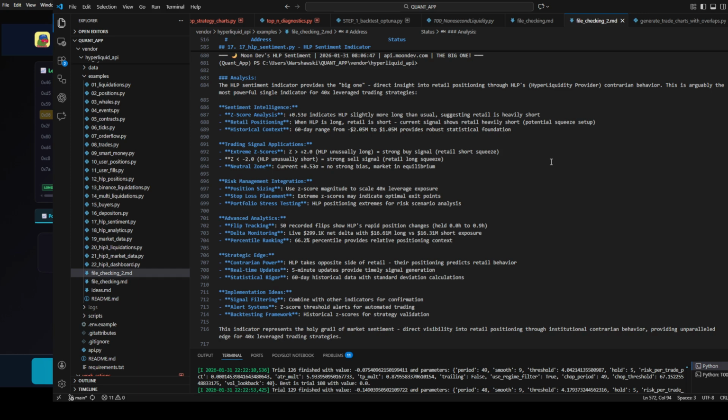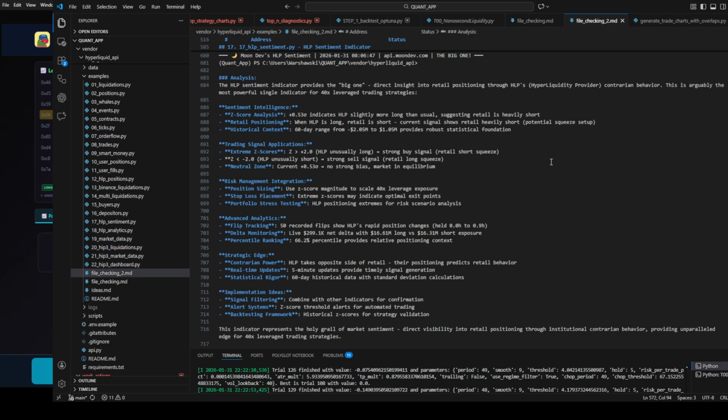Sentiment intelligence: Z-score analysis plus 0.53 indicates HLP slightly more long than usual, suggesting retail is heavily short. Retail positioning: when HLP is long, retail is short. The current signal shows retail heavily short, a potential squeeze setup. Historical context: the 60-day range from 2.05 million to 1.05 million provides a robust statistical foundation.